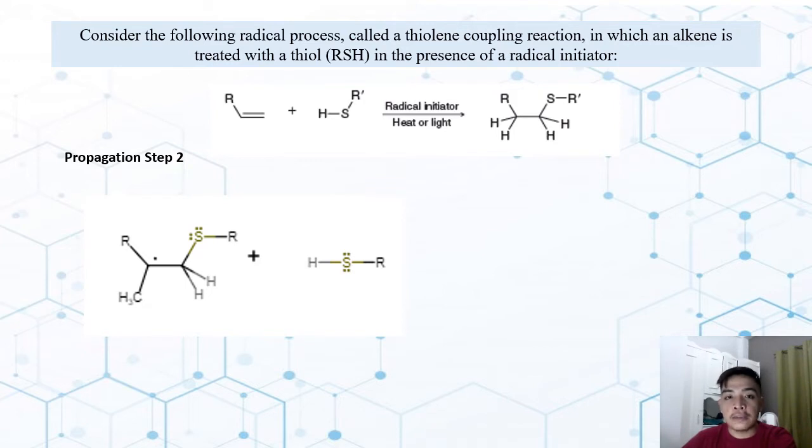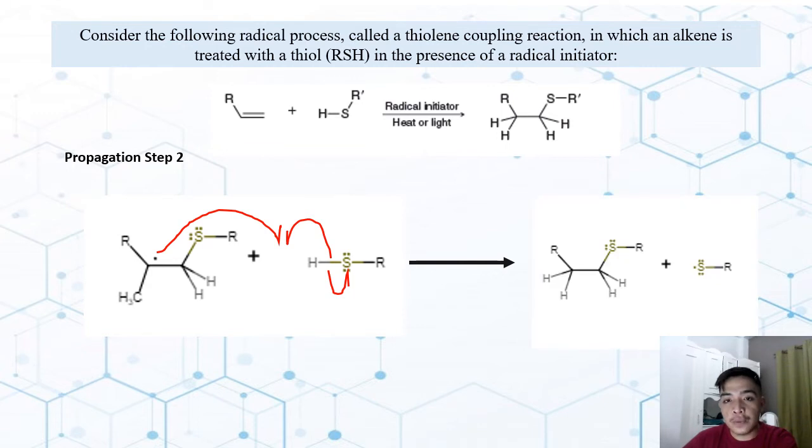This process is called hydrogen abstraction since the hydrogen is being added to the product to regenerate the RS radical. As you can see, this step yields our desired product plus the regenerated RS radical. Note that in radical reactions, we use a single-headed arrow, or fishhook arrow, to show the formation of the radicals.